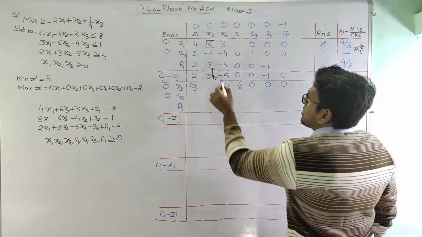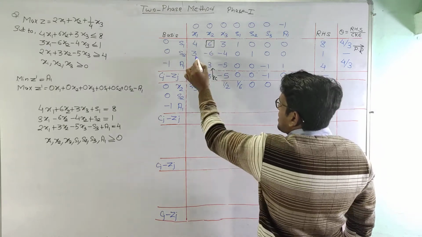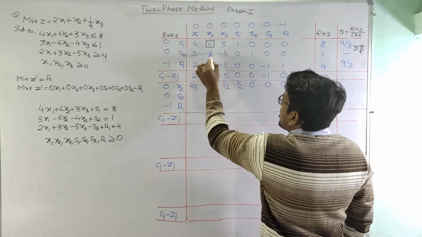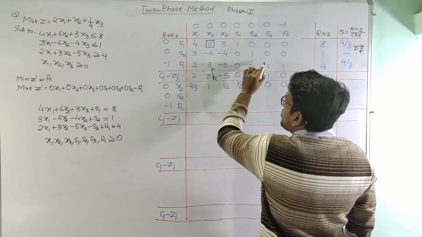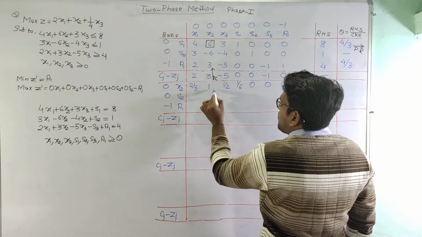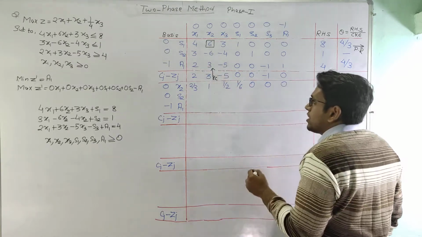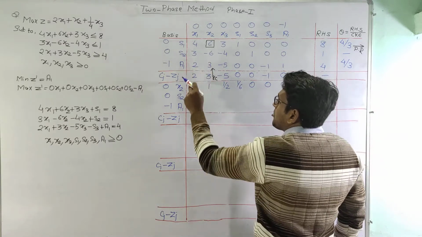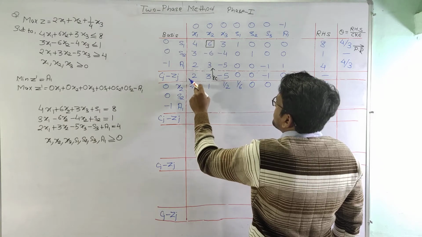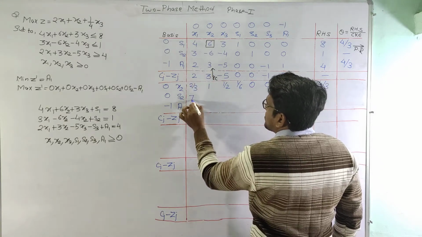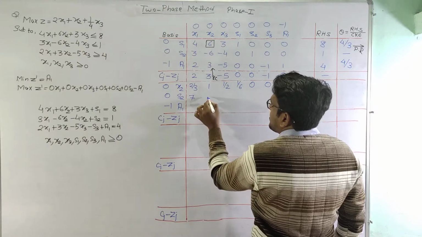Now, in order to make this element 0, I will take row 2 plus 6 times new row 1. By adding this, I will get a 0 here. So this will be 3 plus 6 times 2 by 3. 6 times 2 by 3 is 4, and 4 plus 3 is 7. So this will be 7. Similarly, 6 minus 6 plus 6 will be 0.